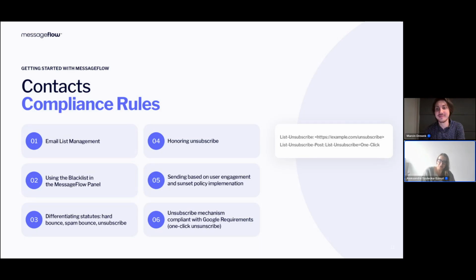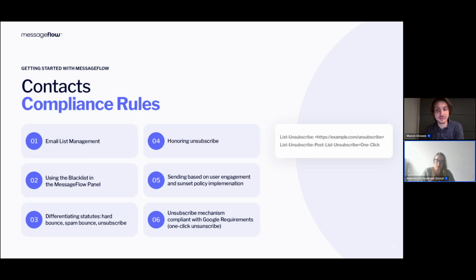But a better option for your reputation as a sender is using the list unsubscribe headers and then honoring the unsubscribe. According to Gmail, you should honor the unsubscribe within 48 hours after the unsubscribe happened. So we recommend doing that even in less hours, actually, and stop sending emails to users that unsubscribe from your mailing immediately.